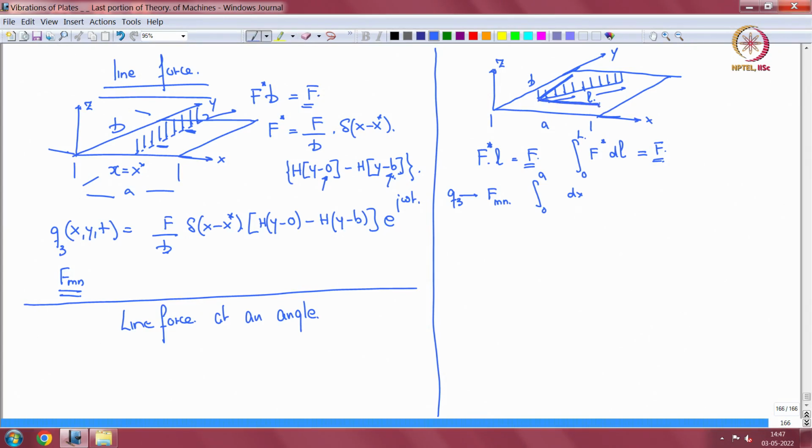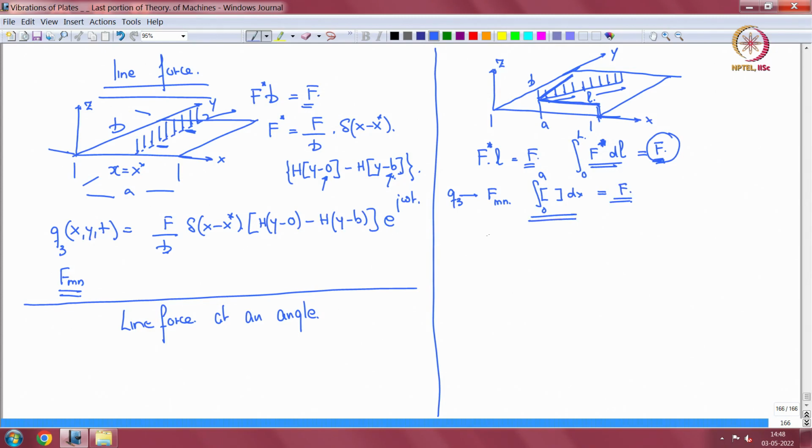Now, if I integrate along dl with this force per unit length, I get F, but I am going to integrate over a shorter length in the x direction. And I have to recover the full force F. So, something here dx should actually give me F, but 0 to a is a smaller length. So, what should that be?